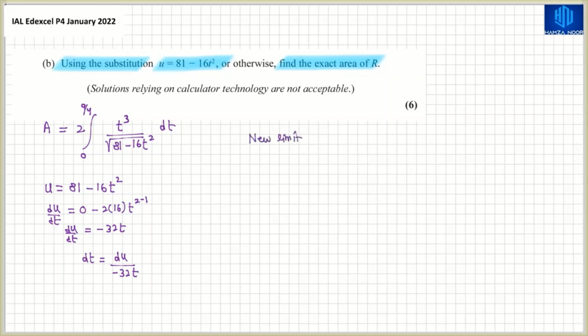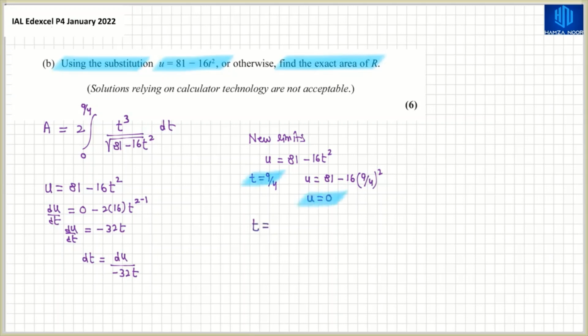As we have the substitution u equals 81 minus 16t squared, when t is equal to 9 over 4, we are going to find the value of u. So u will be equal to 81 minus 16 times (9 over 4) squared, which is 0. So when t is equal to 9 over 4, u is equal to 0.